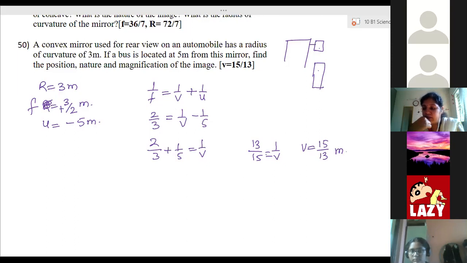Ma'am, if we stand in front of a convex mirror, whatever light rays fall on the mirror will be diverging, right? So we will be able to see a large image of ourselves. How will you get a large image? You have seen the image formation?